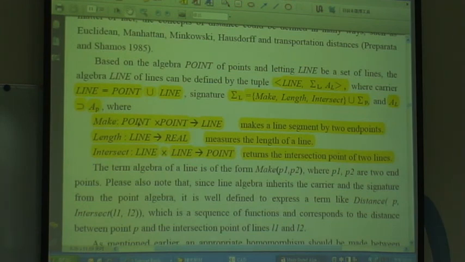If you give me two points, I can make a line, produce a line for you. If you give me two points, I can return you a line. Then, okay, if you give me a line and apply the length function, I will tell you the length of this line is a real number.